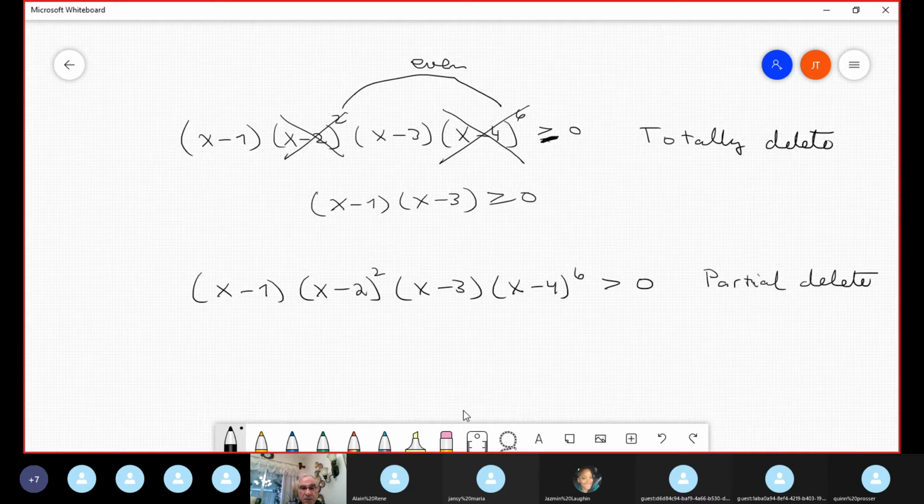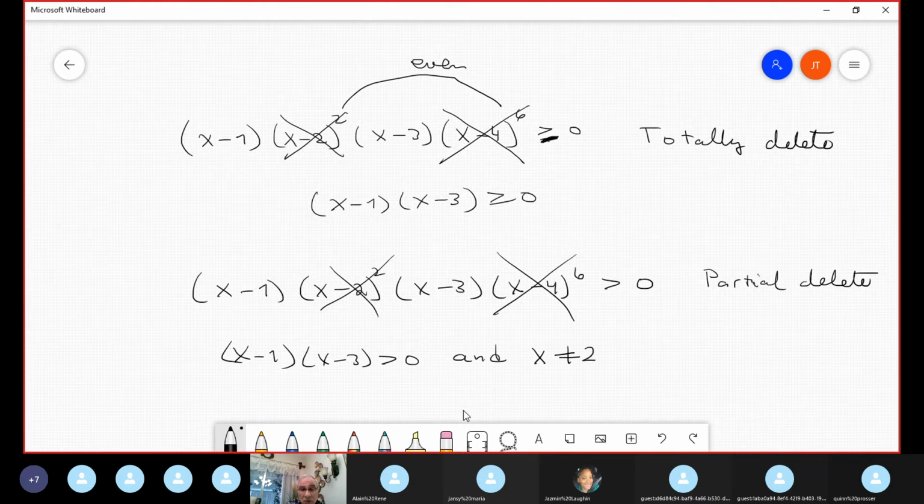You partial delete this, and this problem is equivalent to say x minus 1, x minus 3, greater than 0, and we have to hold into 2 and 4.